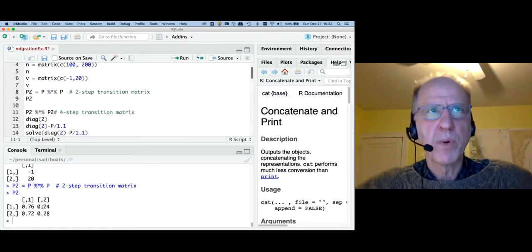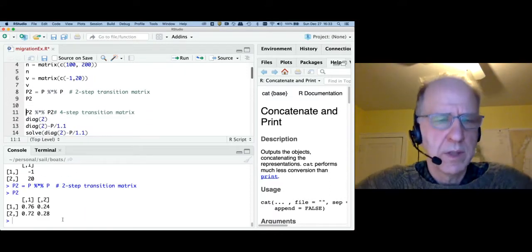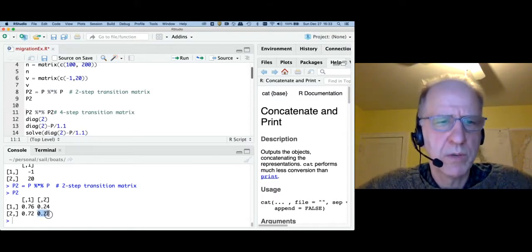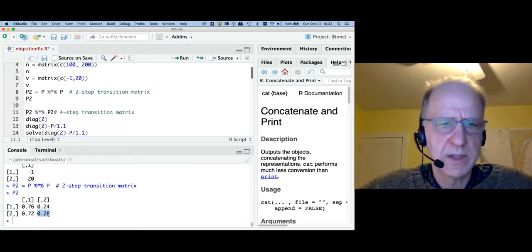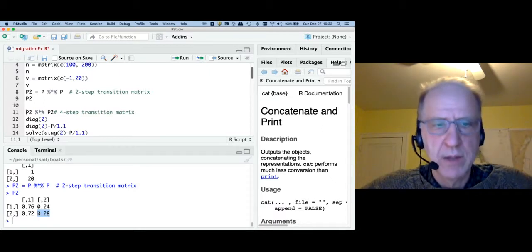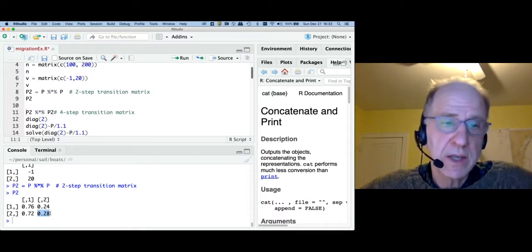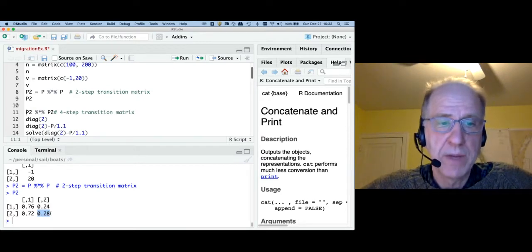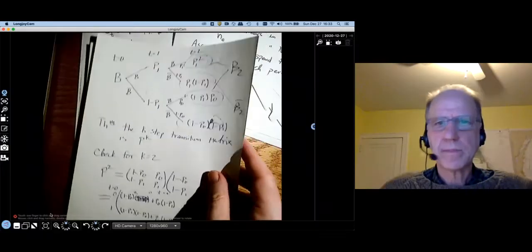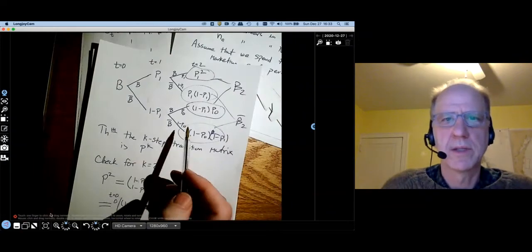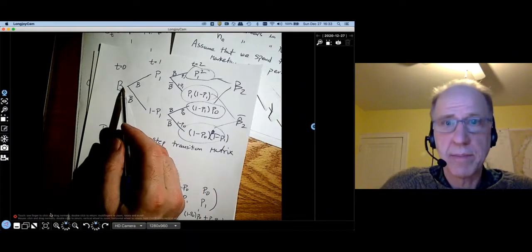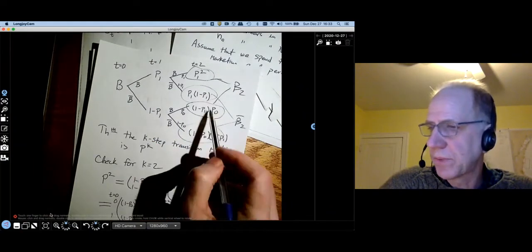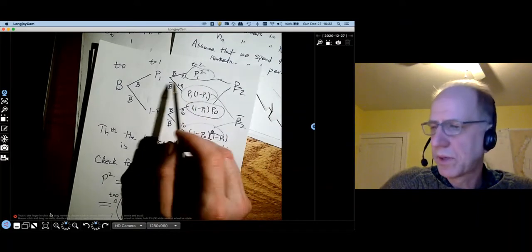I think it's very important to interpret these numbers. So let's start with this one. What this says is, if I start out in the buy segment, there's a 28% chance that 2 periods from now, I'm in the buy state again. It might help to look at this diagram. If I start out in the buy state, there's 2 ways for me to be in the buy state 2 periods from now.